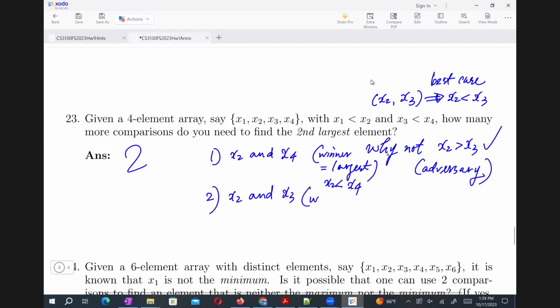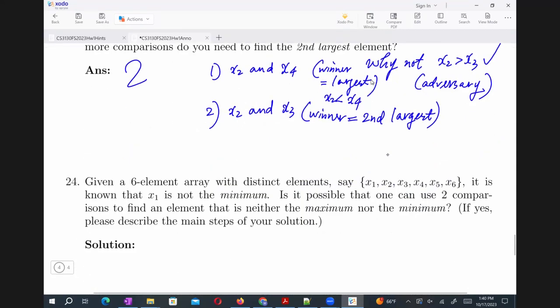The winner here, second minus. Because we don't need to consider X1. X1 is the first round loser, so it cannot be considered. Okay? Because X2 already beat it. This way. All right.